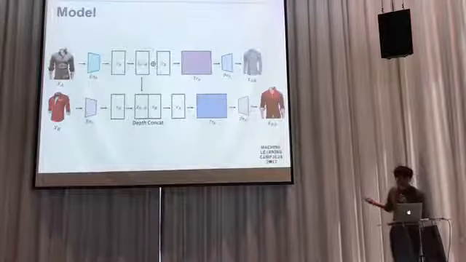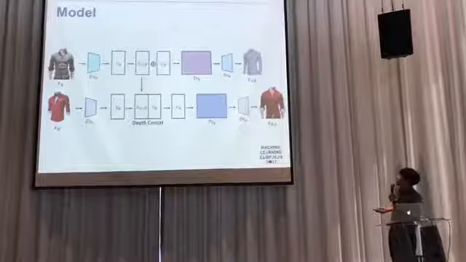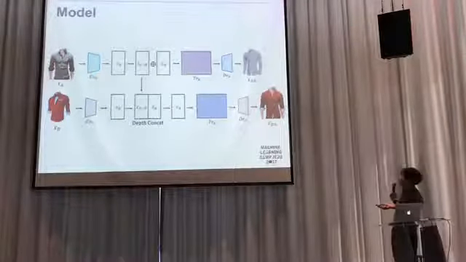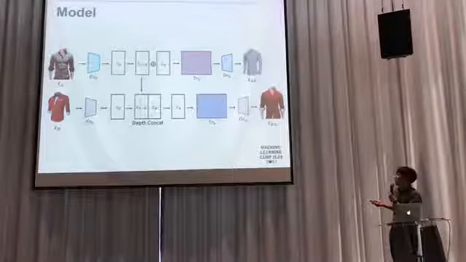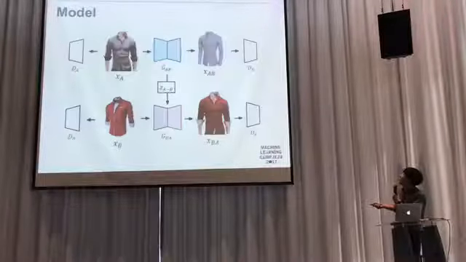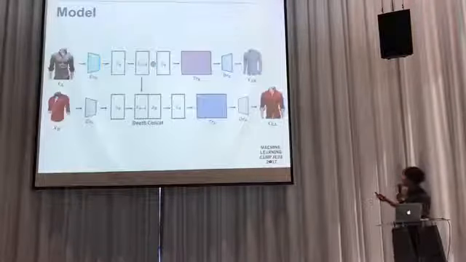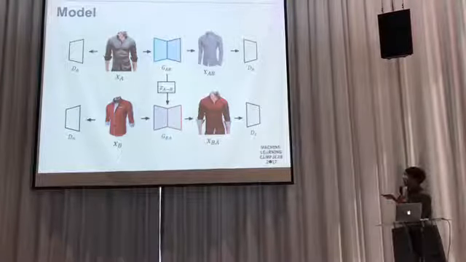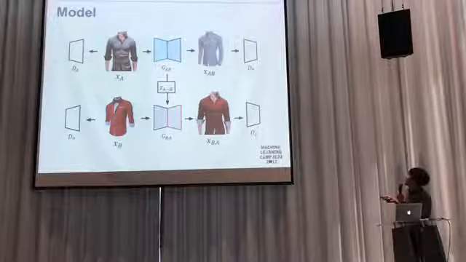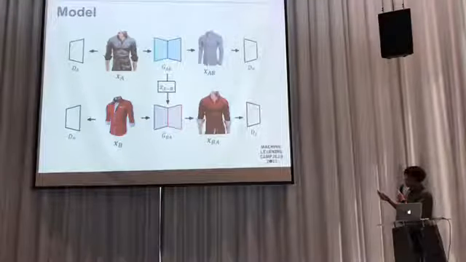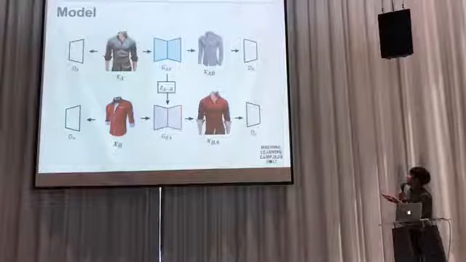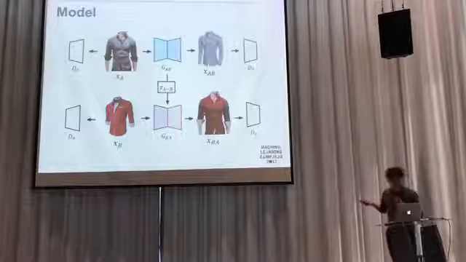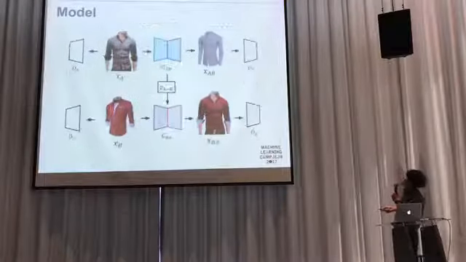This is the structure of my model. It looks valid, but it's quite difficult. I also adopted some losses. It's a GAN, so we adopted the GAN loss: discriminator loss and generator loss.